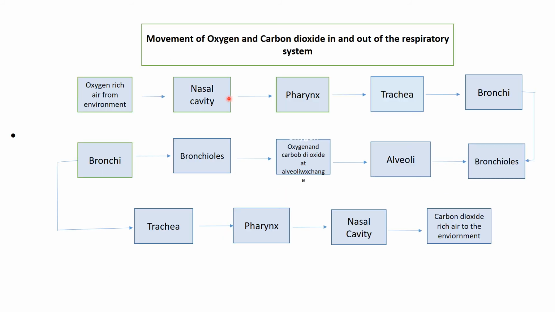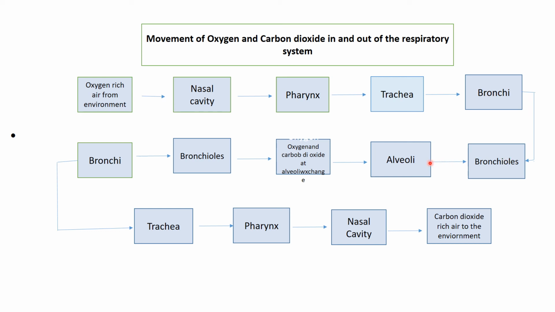As you can see in the next slide, this is the movement of oxygen and carbon dioxide in and out of the respiratory system. You can see here, this is the oxygen rich air from the environment we take, and this air goes to the nasal cavity. From the nasal cavity it enters the pharynx. From the pharynx it reaches the trachea. From the trachea it reaches the bronchi, and then from the bronchi to the bronchioles.